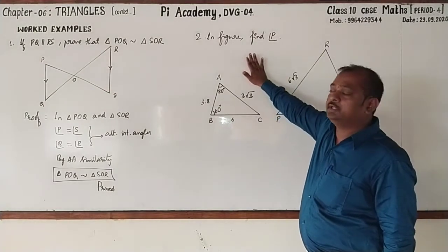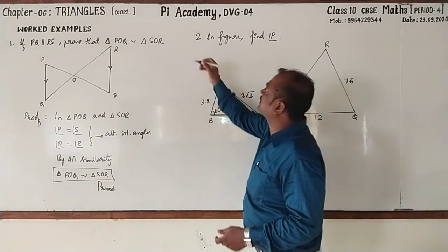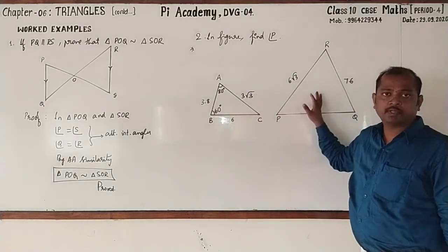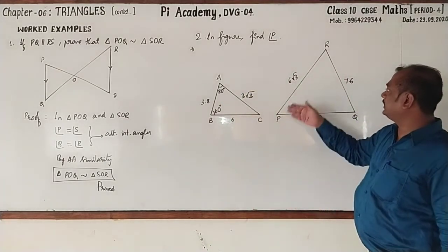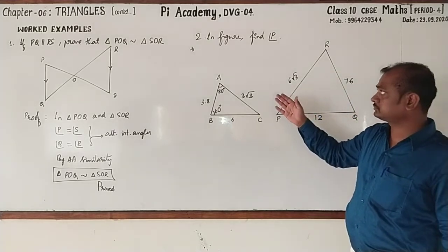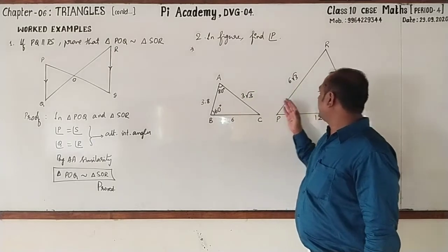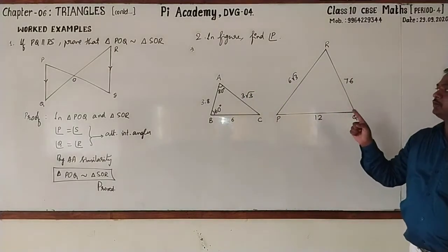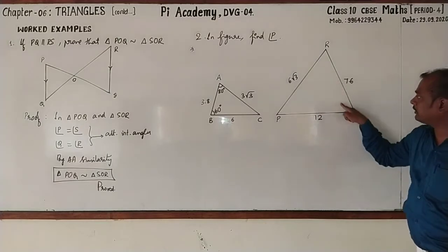Now come to this one. It is also an important one. I am putting a star mark for this. Here in this figure, they have given two triangles, ABC and another one PQR. We are going to find out angle P. If you want to find out angle P, then there must be two angles.